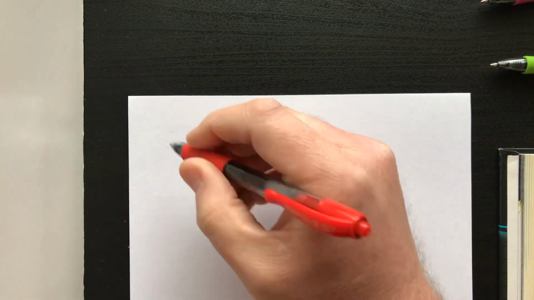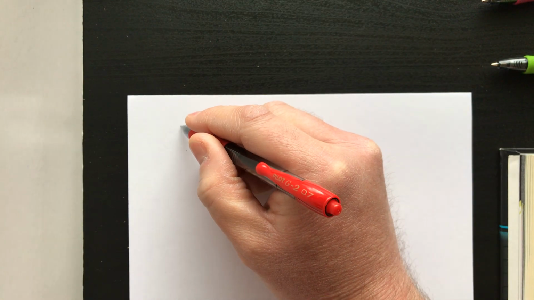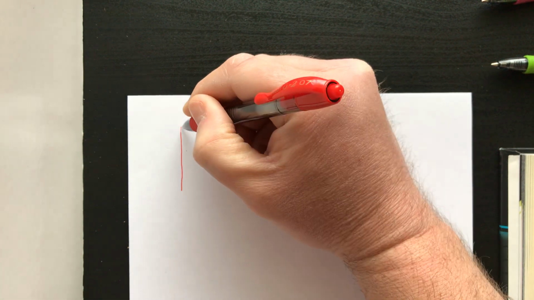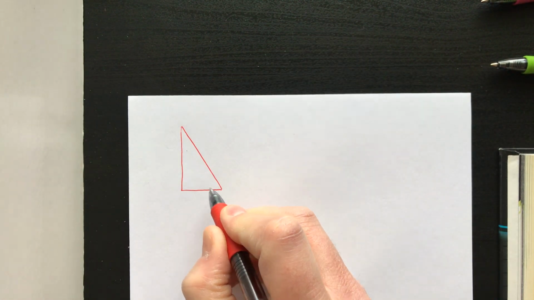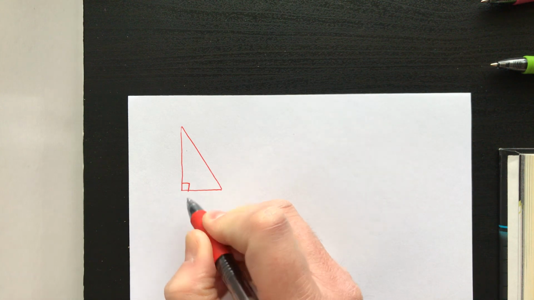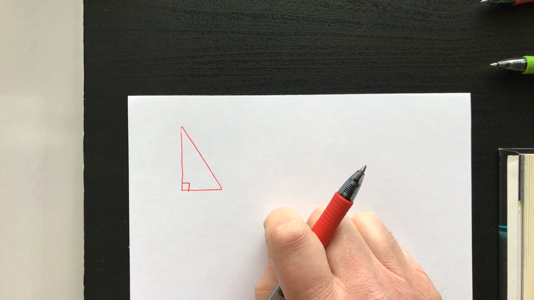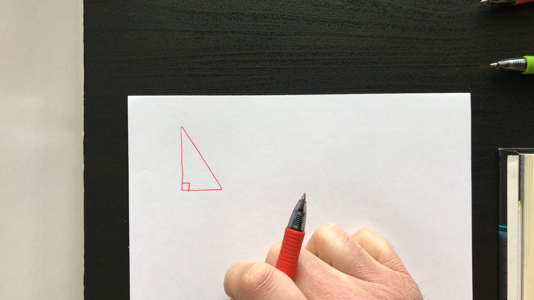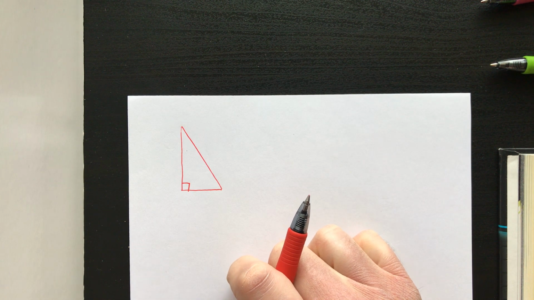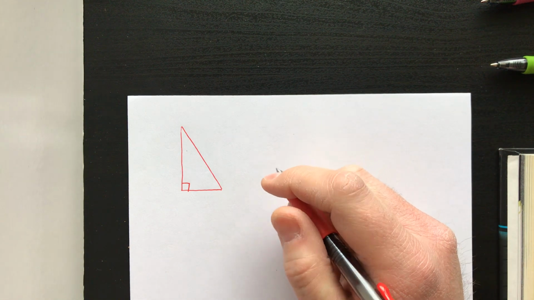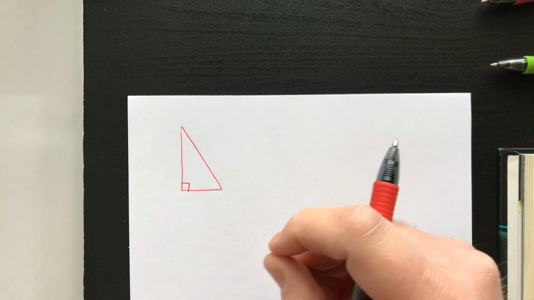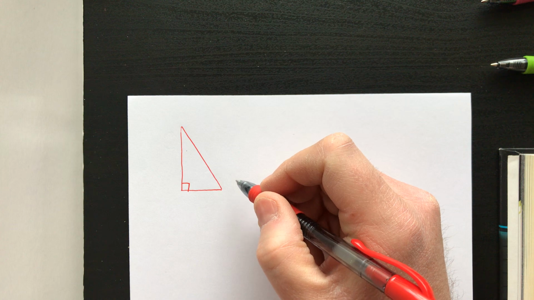So first of all, we have a right triangle. This is right triangle trigonometry, okay? So this is our right angle, okay? And with trigonometry, the key is deciding where you're going to place yourself on the triangle.